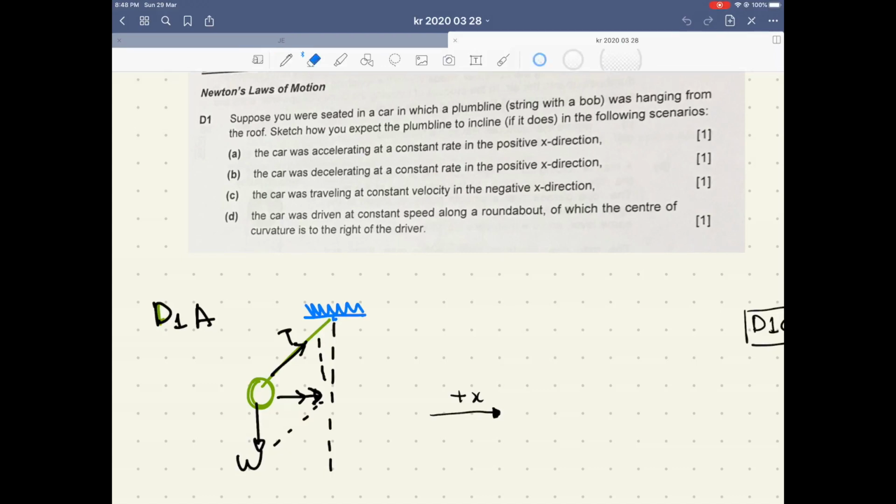I already drew the sketching of the plumb line here. And in D1A, we assume the positive x-axis is to the right.